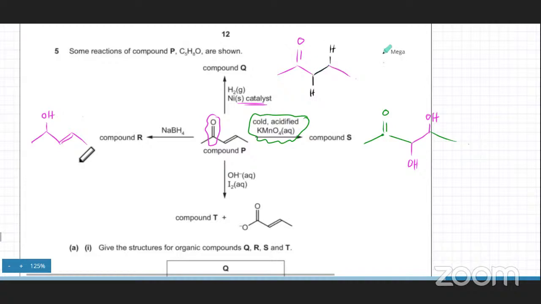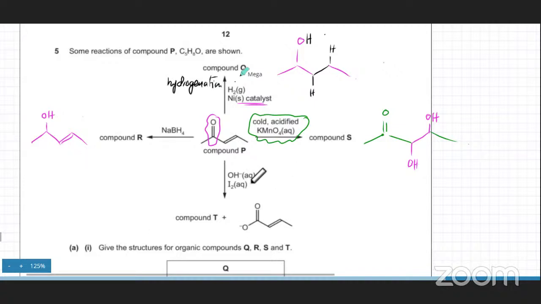So nickel and H2 is used to reduce alkenes, but it sometimes also reduces ketones as well. The double bond over here could go and it could turn into a secondary alcohol as well. So H2 and nickel are mainly used in the hydrogenation of alkenes, but they can also be used to reduce aldehydes and ketones as well.